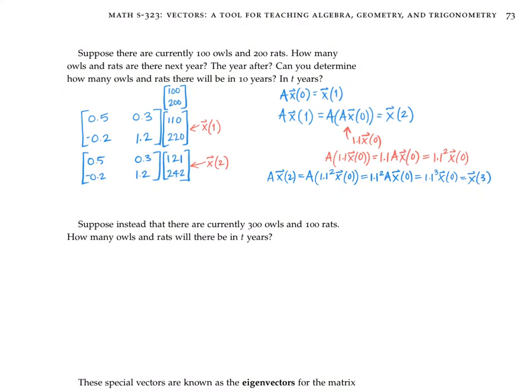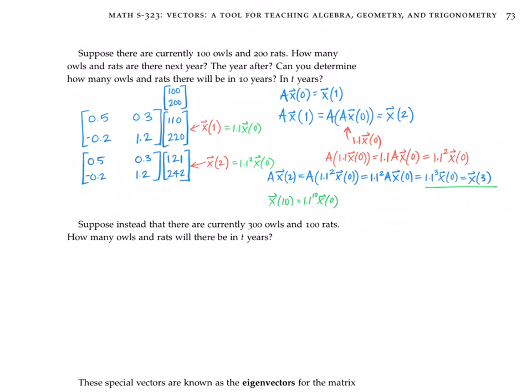So when the question asks us, hey, how many owls and rats will there be in 10 years? Well, we can follow the pattern here. Let's take a look. We know that if x1 is 1.1 times x of 0, and x2 is 1.1 squared times x of 0, and x3 is 1.1 cubed times x of 0, then it seems only logical that x of 10 is going to be 1.1 to the 10th times x of 0.